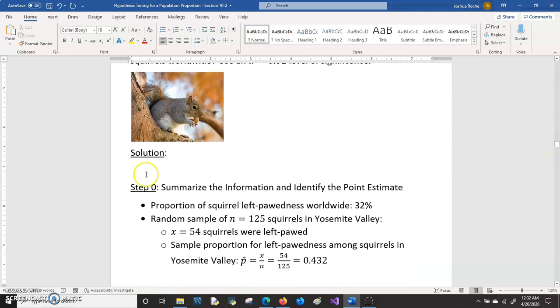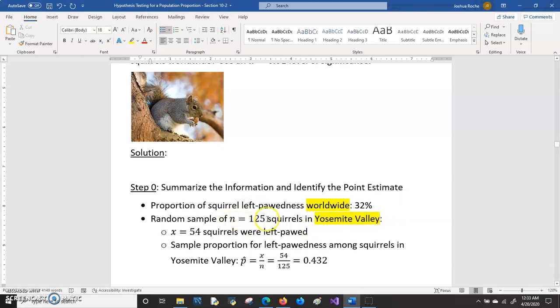For the solution, our first step is going to be the initial step of step 0, summarize the information and identify the point estimate. This step is optional, but I think it is helpful. So in the problem, it mentions that worldwide the proportion of squirrels who are left-pawed is 32%, and this biologist examined the squirrels in Yosemite Valley.